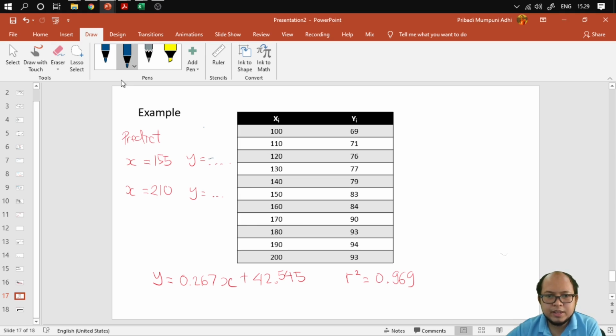So the y will be 84.0 and this one will be 98.7. So we can predict, because the data does not include 155 or 210. And remember, this one is called interpolation and this one is called extrapolation.